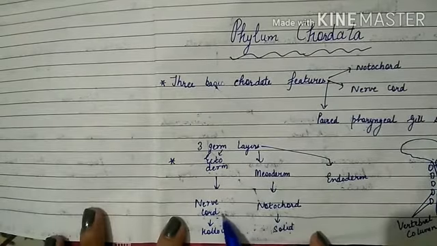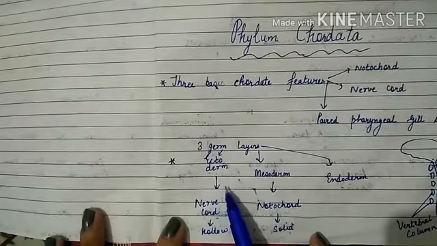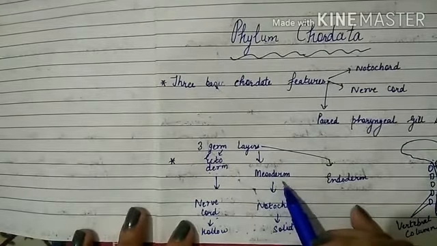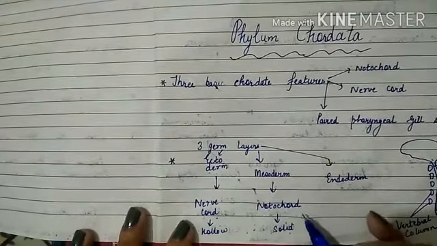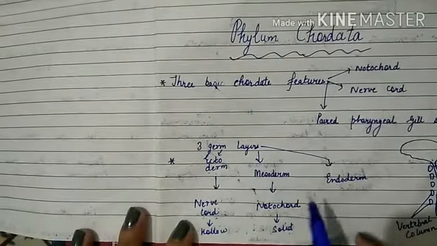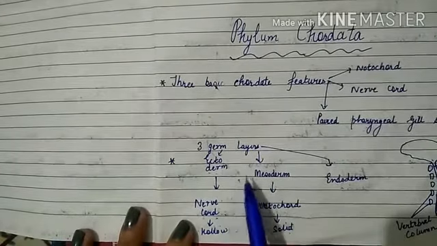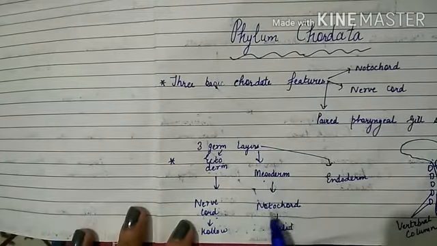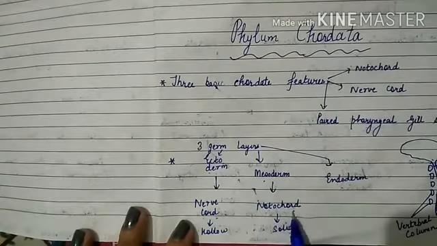So this nerve cord is ectodermal in origin. And then mesoderm gives rise to the notochord. So ectoderm induces mesoderm to form a solid structure that is referred to as notochord.